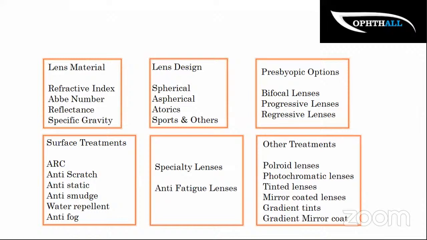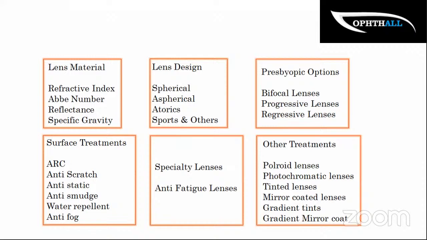Abbe number determines the peripheral performance of the lenses. Reflectance determines the loss of light because of the surface reflection, and specific gravity is responsible for the weight of the overall lens material.